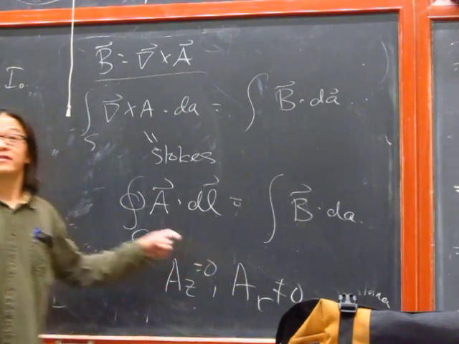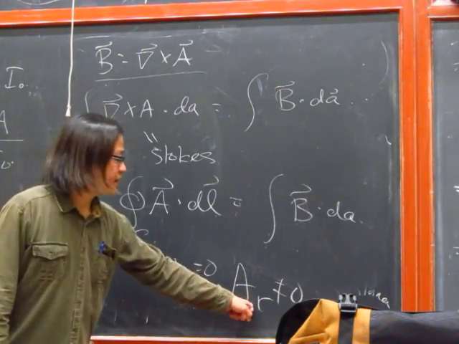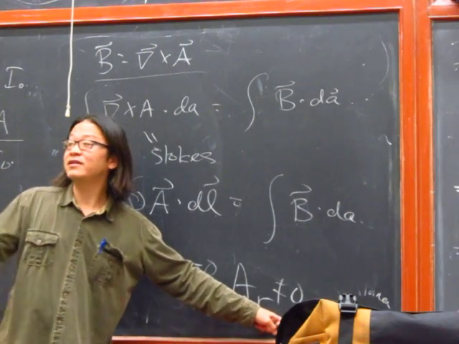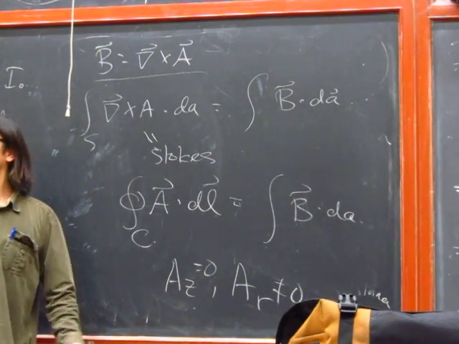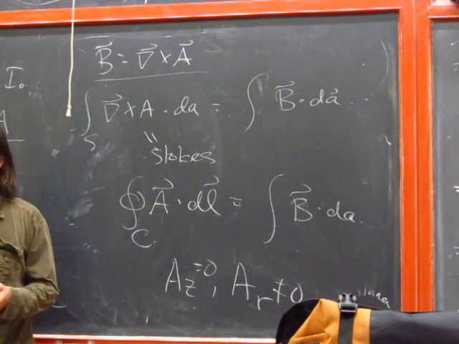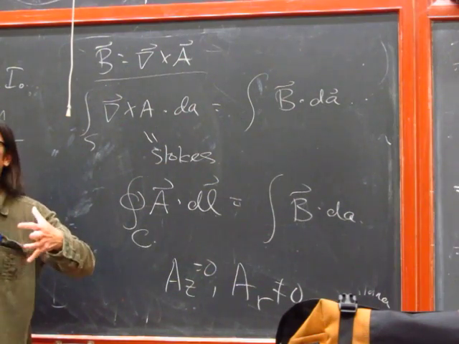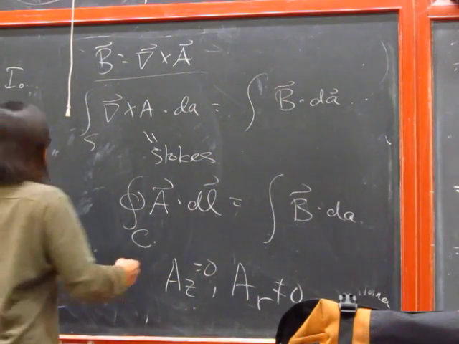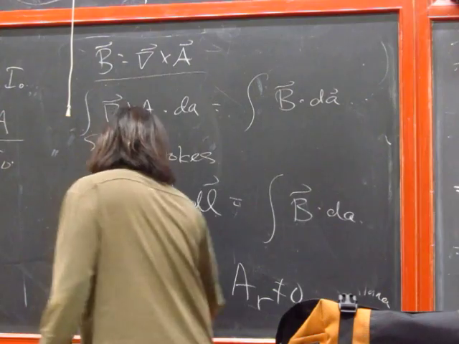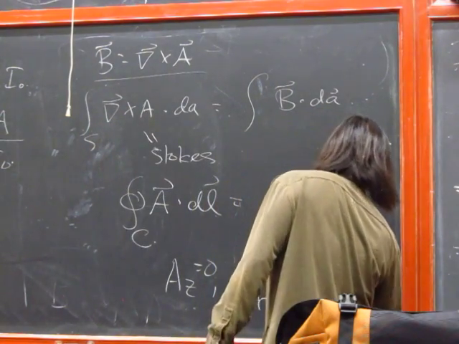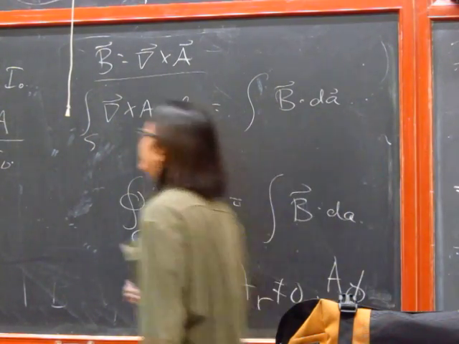If there is a radial component, it will be radial everywhere, so it will have a divergence, and the Gauss law will not give 0. So the only possibility is that A has to be tangential.